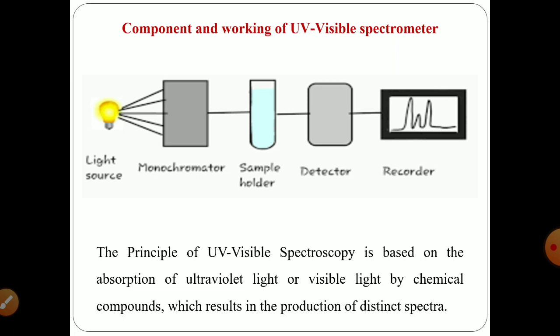So this UV visible spectroscopy is based on the principle of absorption of electromagnetic radiations. By means of absorption of electromagnetic radiation, the electron in your compound undergoes excitation from low energy state to high energy state.